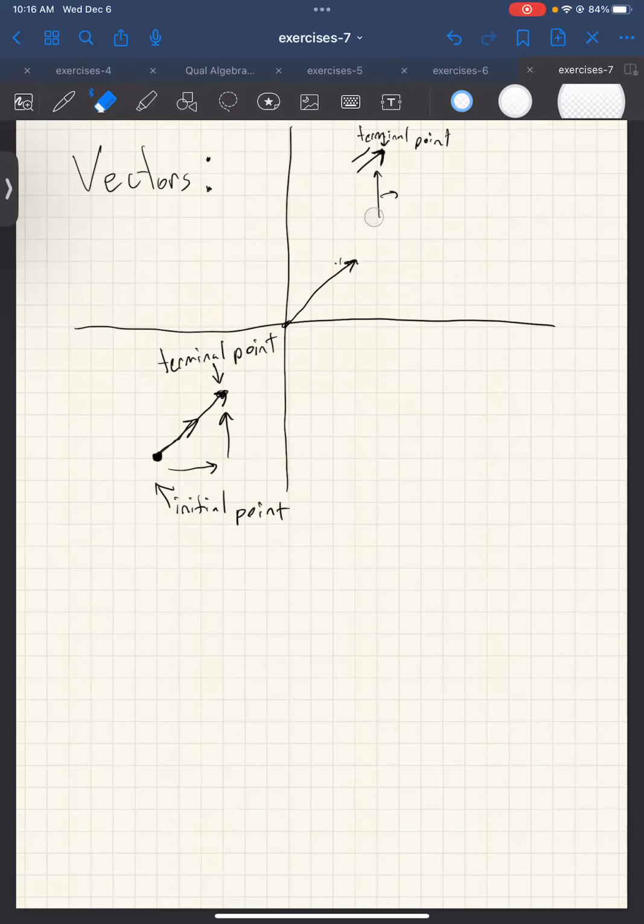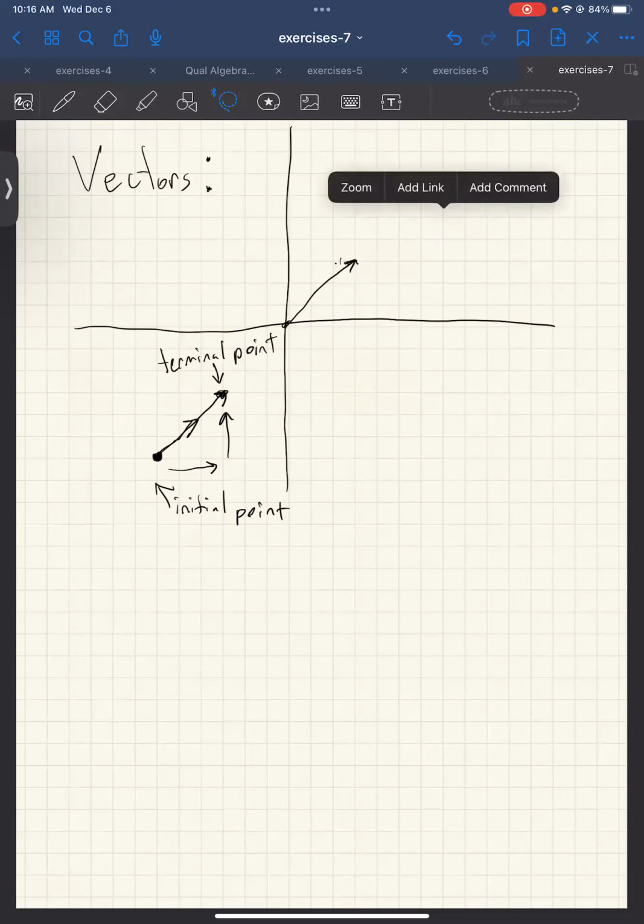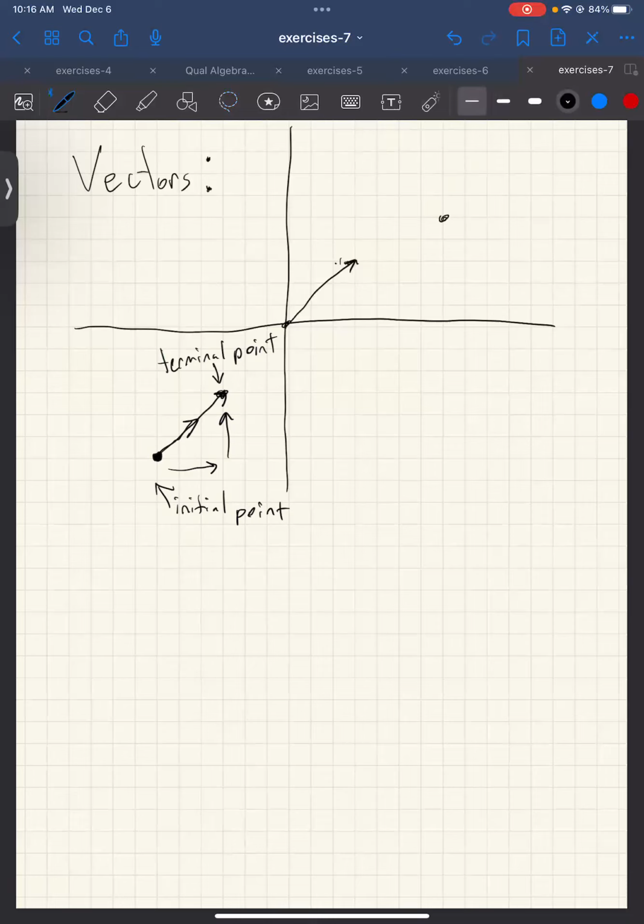So over here, when I had the vector all the way up here, it was a little hard to immediately tell exactly how far to the right and up we moved, right? We had to look and count 1, 2, 3, 1, 2, 3 to say that we moved 3 to the right and 3 upwards.